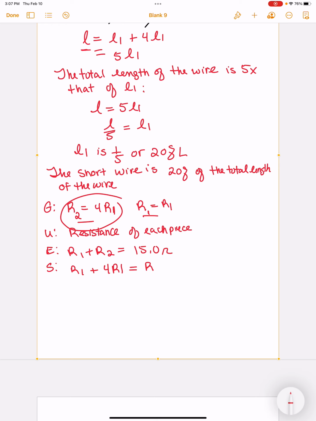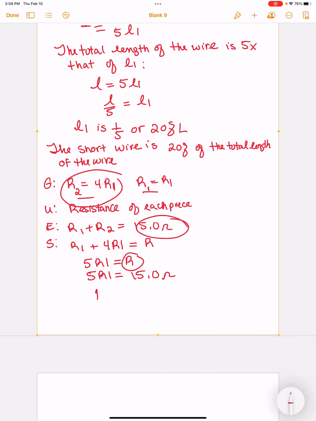Okay, so then we have 5R1 equals R. And remember our resistance is 15 ohms. So 5R1 equals 15 ohms. And then we can divide both sides by 5, and we get that R1 is going to be 3 ohms.